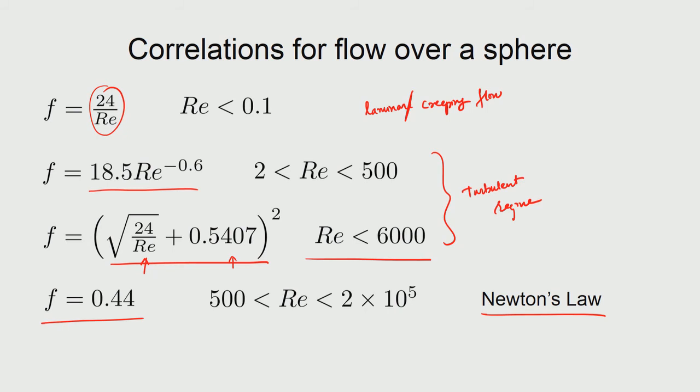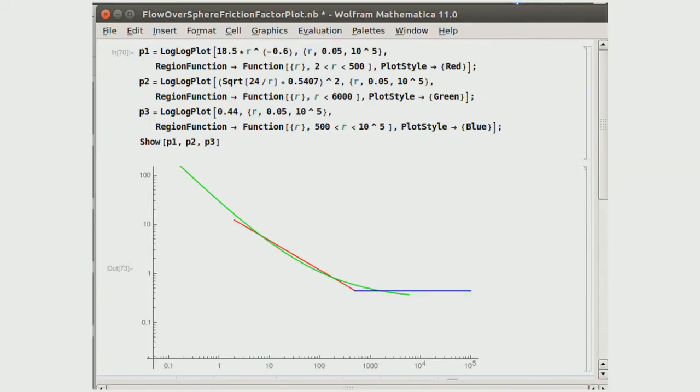When we plot all these things again, you could see that they follow the same trend. That is, you have a straight line on the left hand side of the log plot of friction factor as a function of Reynolds number. At the left extreme, at very small Reynolds number, you have a drooping down straight line, and as you go to high Reynolds number you have a flattened profile.